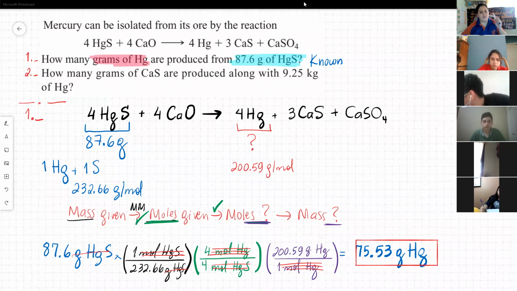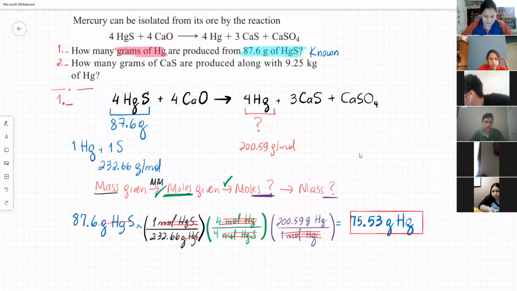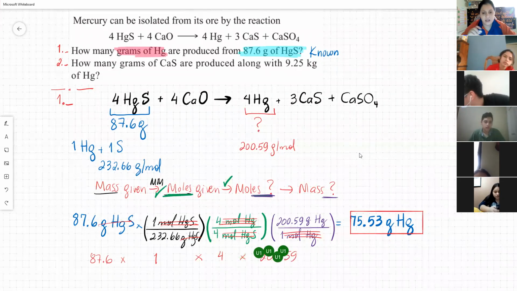Okay, how do we multiply this last one? In your calculator, this is going to be 87.6 times 1 times 4 times 200.59. Everything that is in the top multiplies.